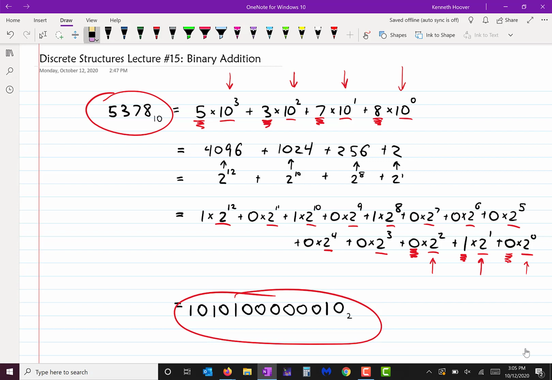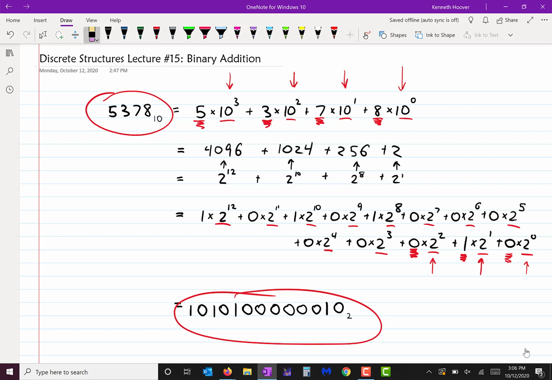The trick is to start big. So what I did for that was I started looking at powers of 2, and I wanted to find the largest power of 2 that can be taken out of 5378. And I found that to be 4096. If I go to the next power of 2, it would have been 8192, I think, which would have been too big. 4096 is the largest power of 2 that can be taken out of 5378.